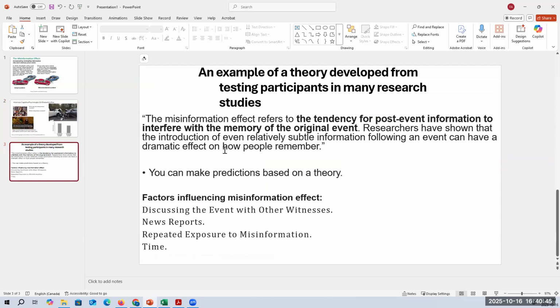And so this was a landmark study because it led to other research by Elizabeth Loftus. She looked at people who were innocent but had been incorrectly put in jail. And that's applicable to the justice system, forensic psychology.